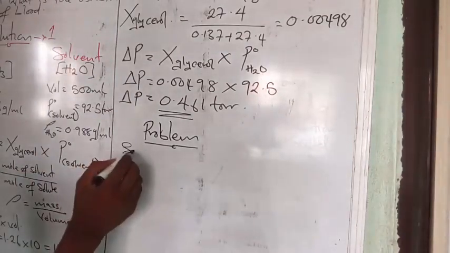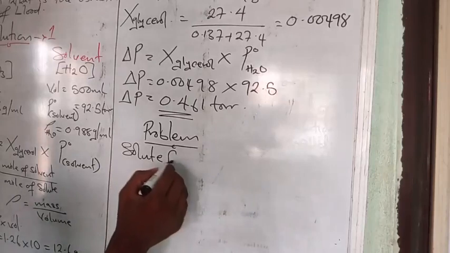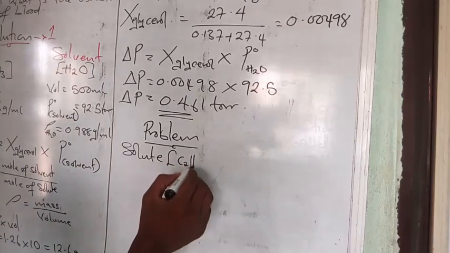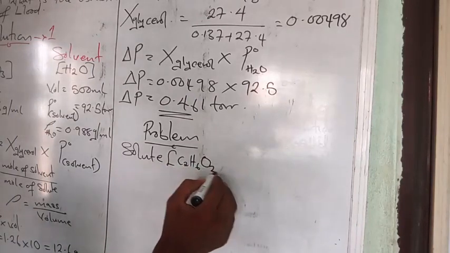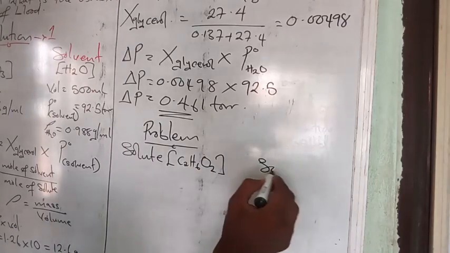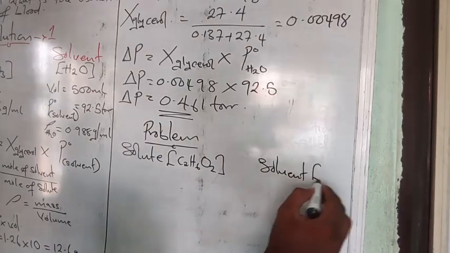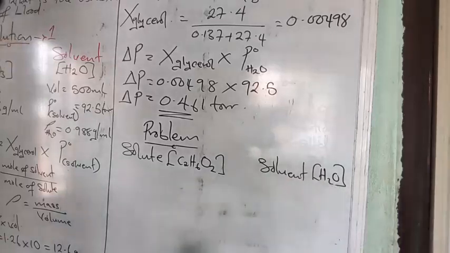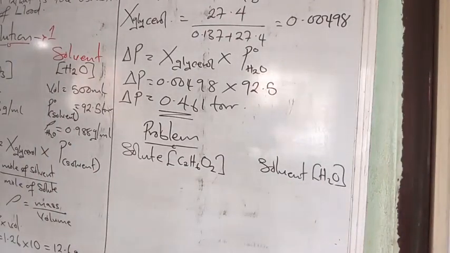You can pause the video to write this question down. Automatically, our solute is the ethylene glycol, C2H6O2, and our solvent is water, because the radiator contains a small amount of water, 4450 grams.